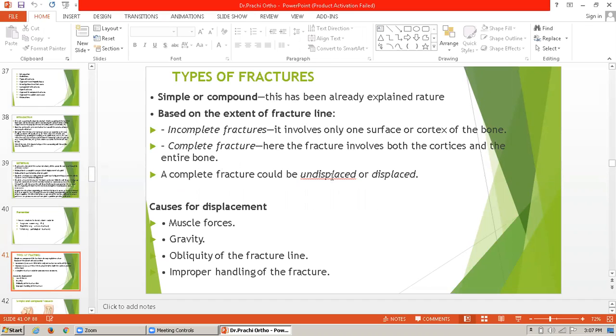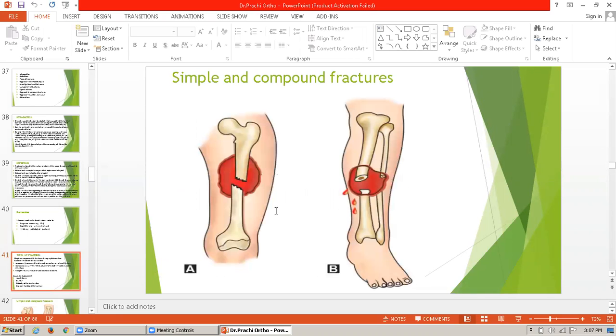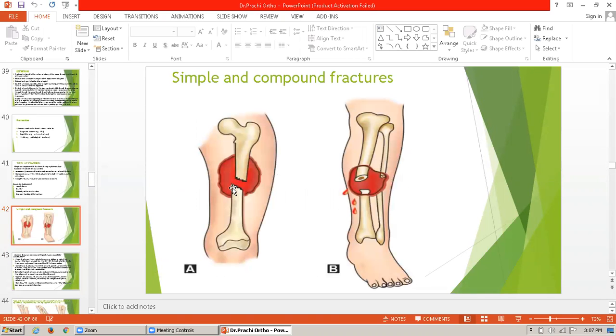A complete fracture could be undisplaced or displaced. This is a diagram of a simple fracture, and this is a compound fracture. In the compound fracture two bones are involved, while in the simple fracture only one bone involvement is shown.